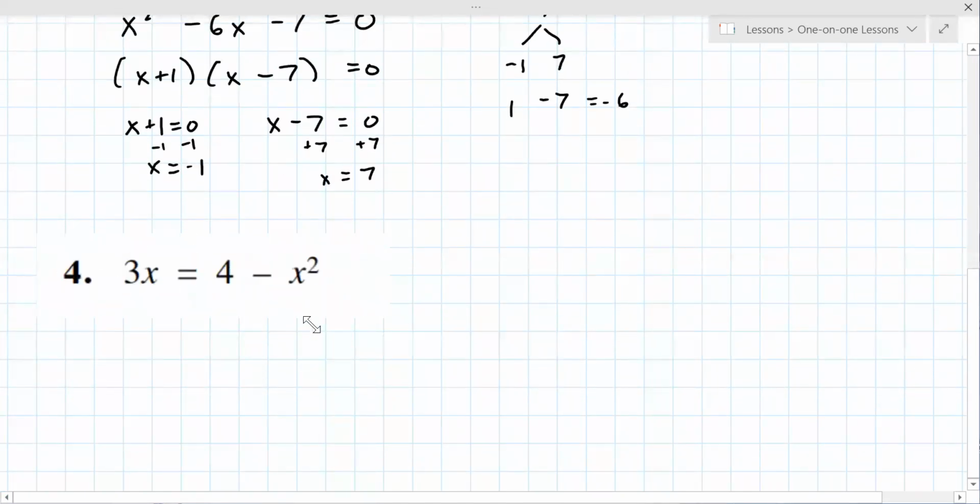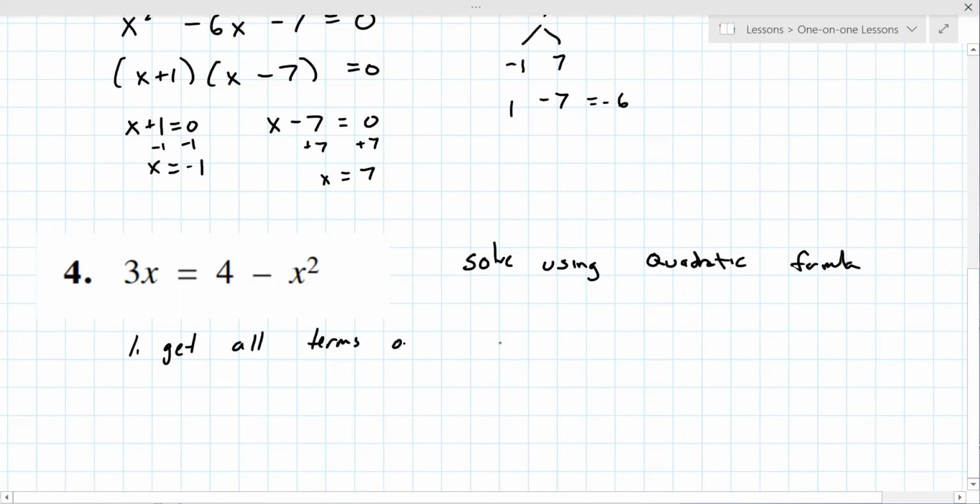Okay. Next question here. This says to solve using the quadratic formula, and that's what we're going to do because we want to get at least one problem where we review that. The first thing you want to do here is get all terms on one side of the equation.